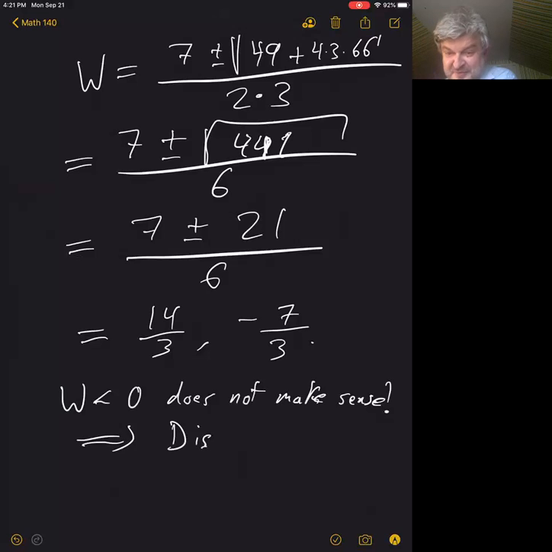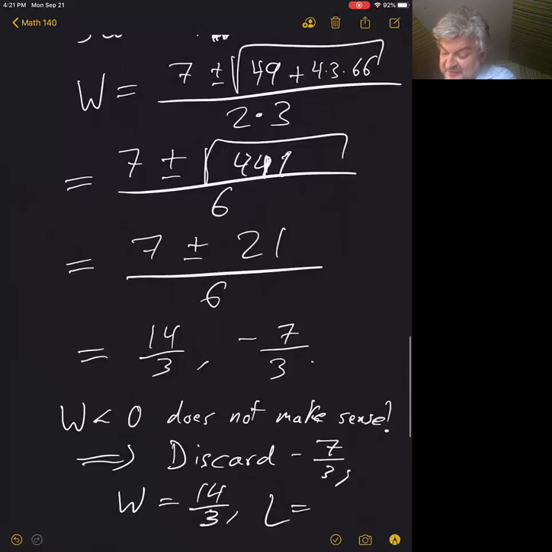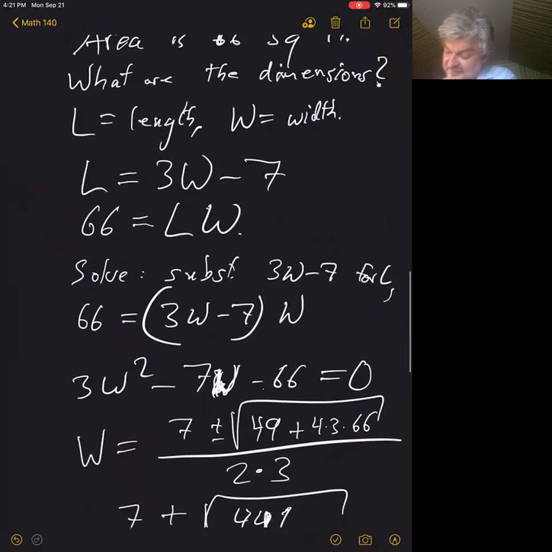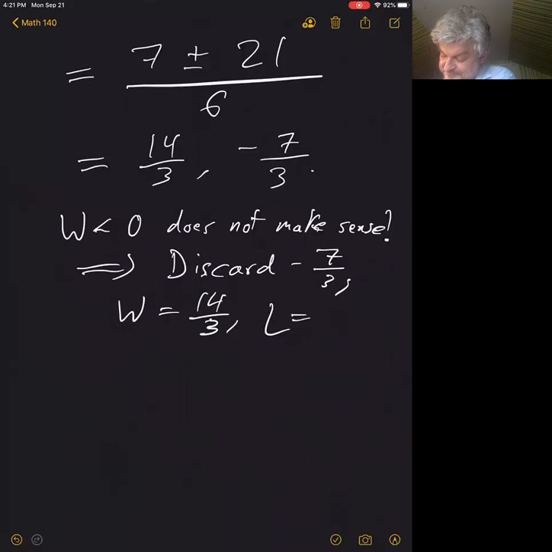You mention it, but just discard the negative 7/3. My w has to be 14 over 3. And the length, also asked about the length, is 3w minus 7. So what is that? 14 minus 7 is 7.